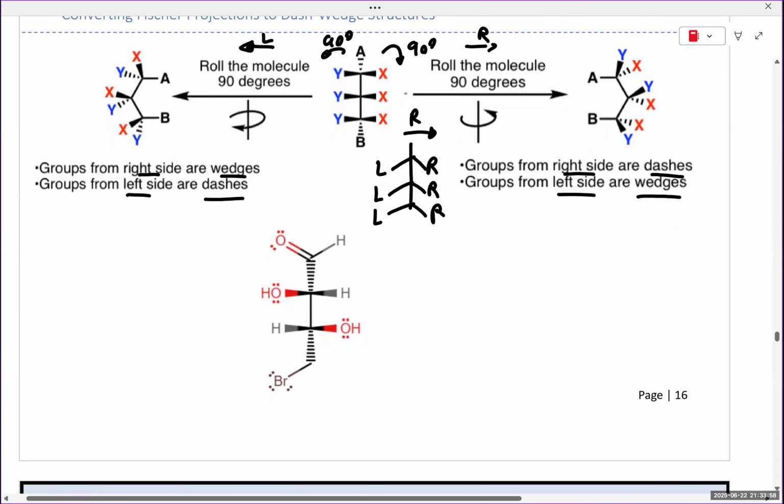So let's take a look at the following Fischer projection that's been redrawn in primitive dash wedge notation, and let's show what happens if we roll it to the right and we roll it to the left.